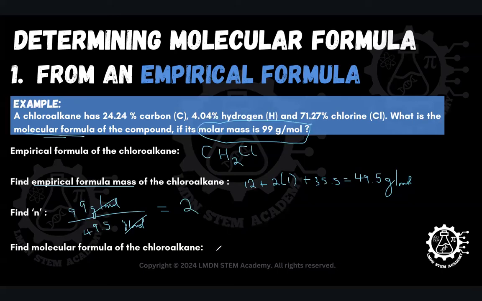Okay? So finally, what we're going to do is multiply our empirical formula by that factor. So it will be CH2Cl times 2. And we're going to multiply every atom by this number. So it will be C2H4Cl2. All right, so that then is our molecular formula.